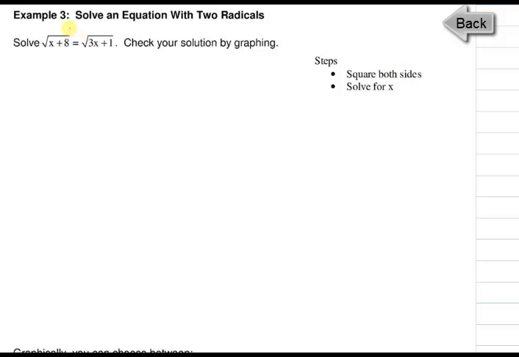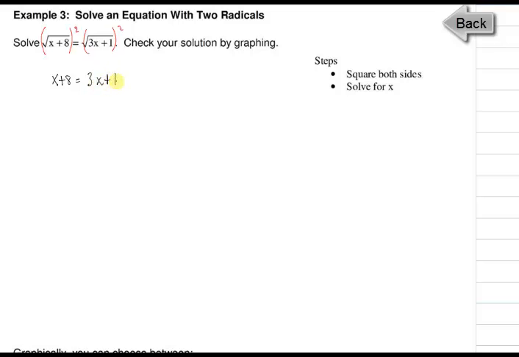So we're going to show that by putting brackets around both sides and squaring our radicals. Okay, and remember that when you want to square a radical, a square undoes the square root, and so you are just left with the radicand. So we have x plus 8 equals 3x plus 1.